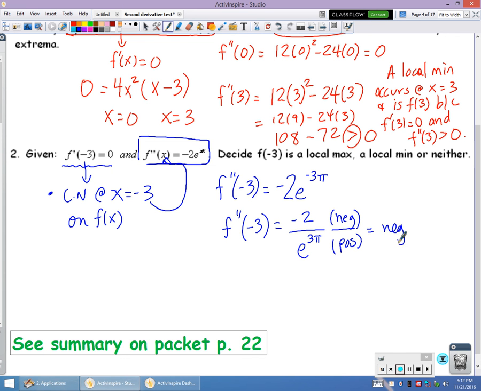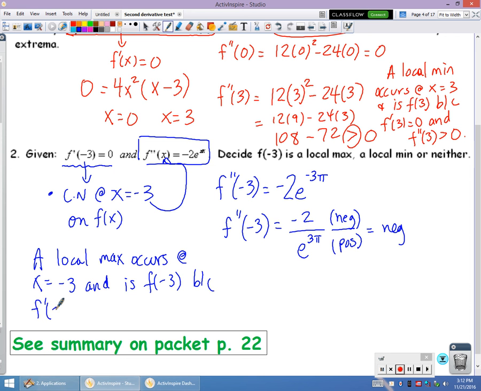Therefore, I would say a local max occurs at x equal to negative 3 and is f of negative 3, because the first derivative at negative 3 is 0 and the second derivative at negative 3 is less than 0. So a local maximum.